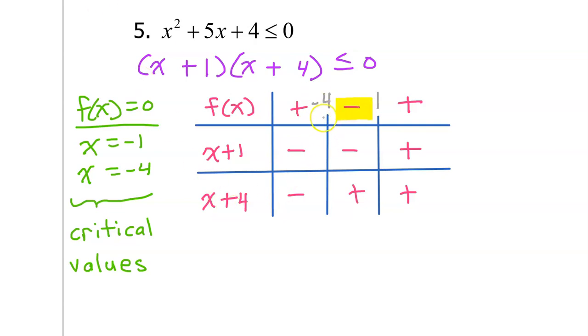In interval notation, we write -4 to +1. We will use brackets on the -4 and the 1 to show that -4 and 1 are included as solutions because these are values where f of x is equal to 0, and we are looking for values that cause f of x to be less than or equal to 0.